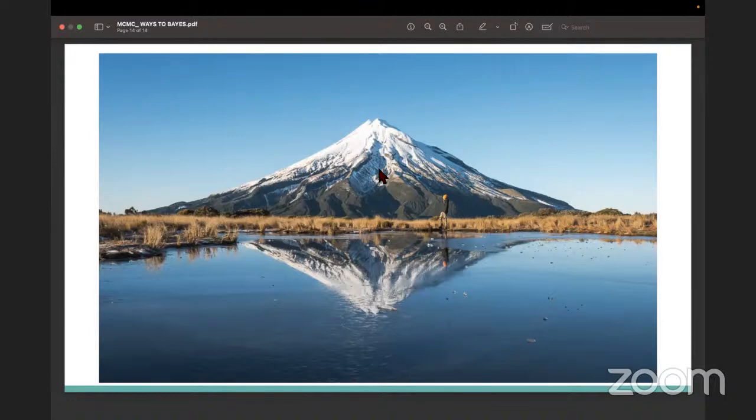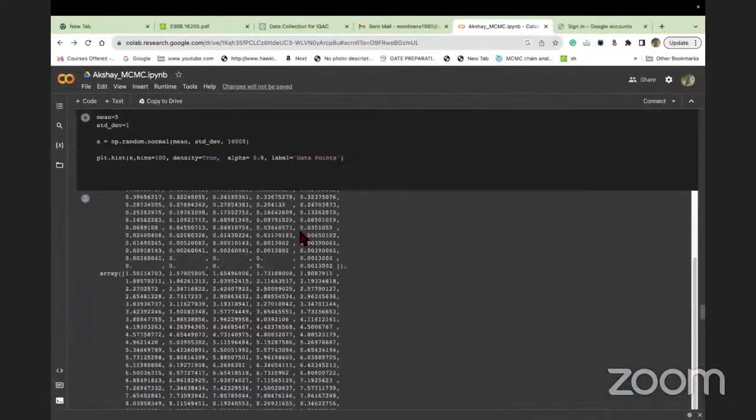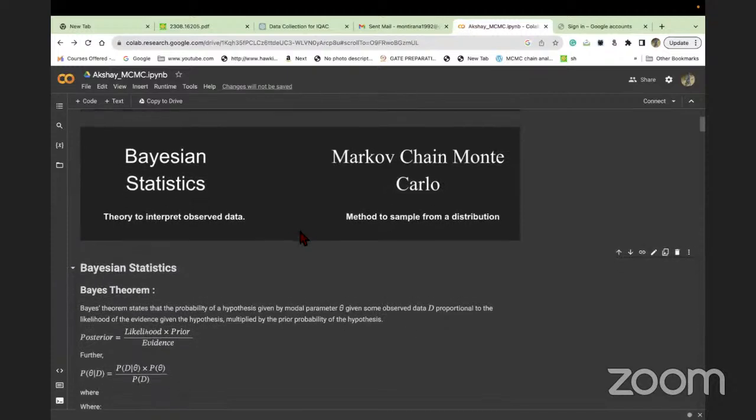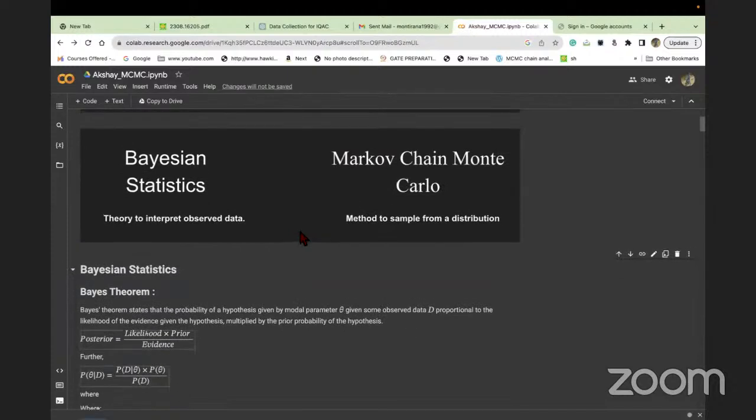Okay. So now the approach that I have named is Markov-Chain Monte Carlo. The Markov-Chain Monte Carlo method, which I'll be talking about, can be divided into two approaches. Now try to see the broader picture. You have data, you have a certain model, and now you have statistics.